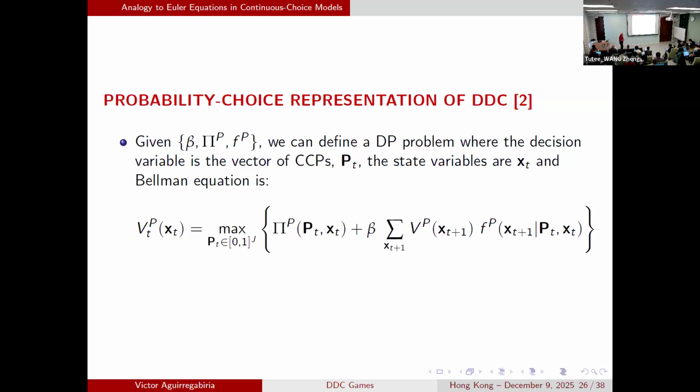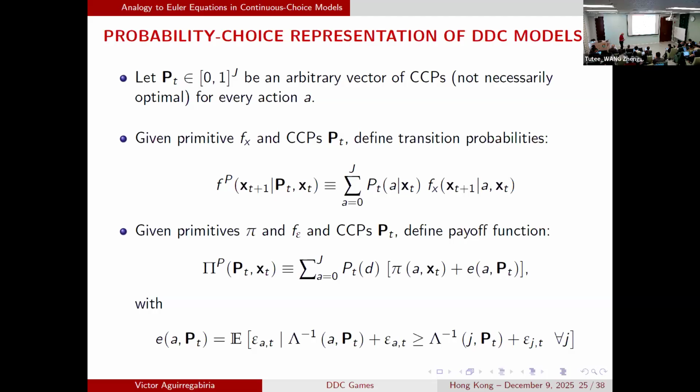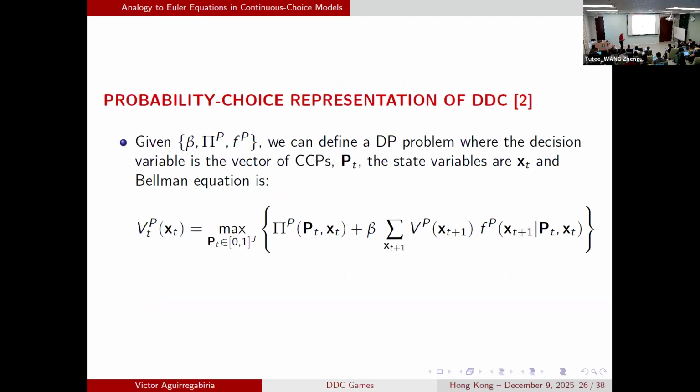Then now, given these two definitions, these transition probabilities and these payoffs, we can define a dynamic decision problem, where the payoffs depend on choice probabilities, and the transition probabilities also depend on choice probabilities.